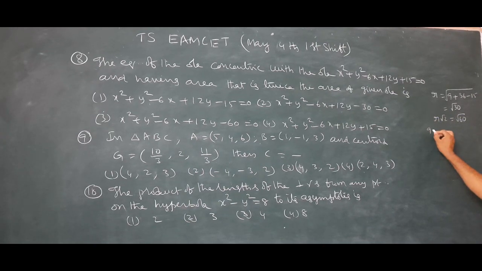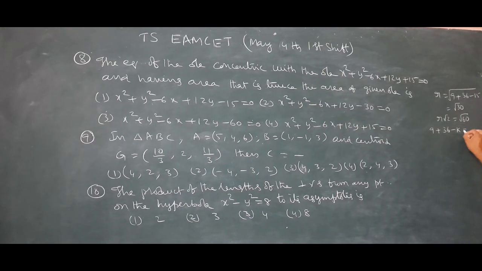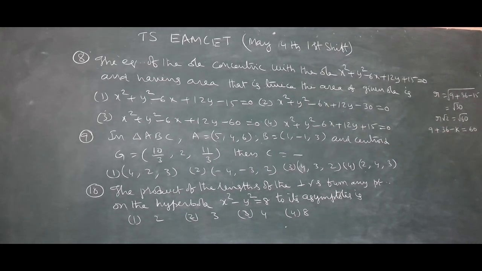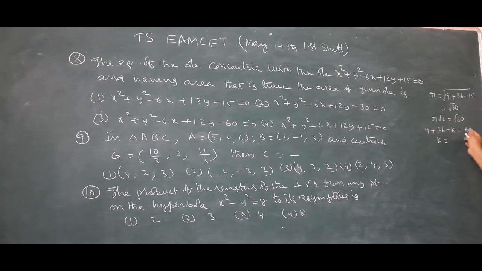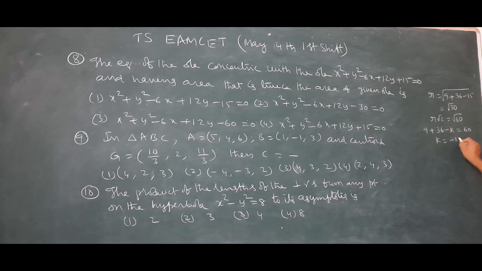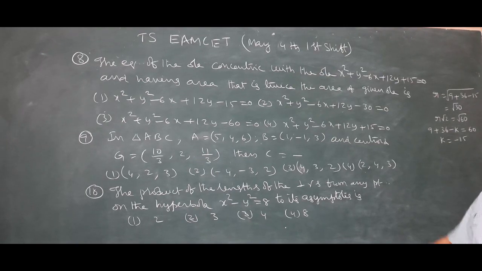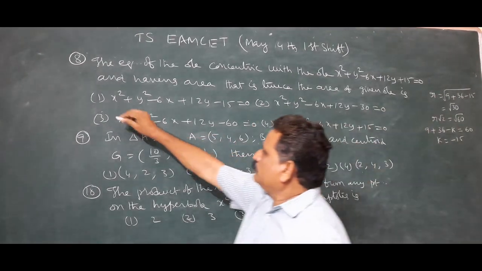So that means 9 plus 36 minus k equal to 60. Squaring both sides we get k equal to 45 minus 60, that is minus 15. So the constant must be minus 15. Check the option. Constant is minus 15. It is the right answer.